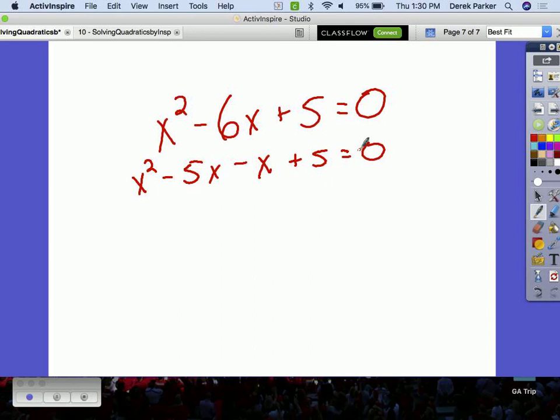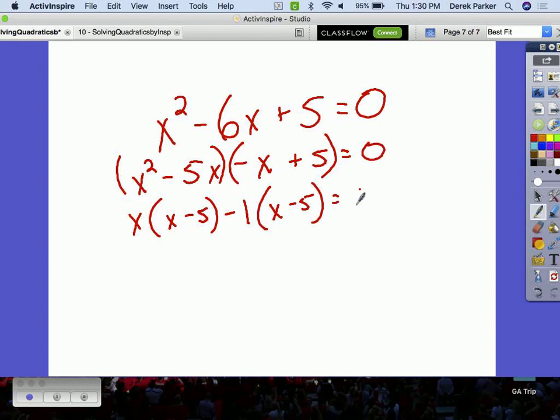Now, finish factoring. And I get x minus 1 times x minus 5.